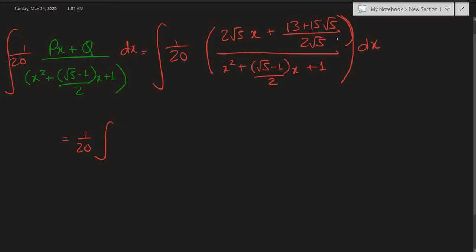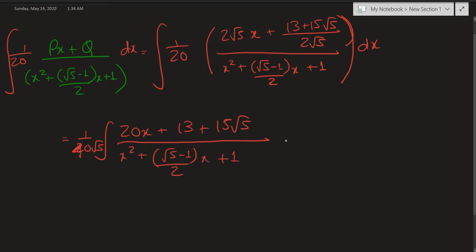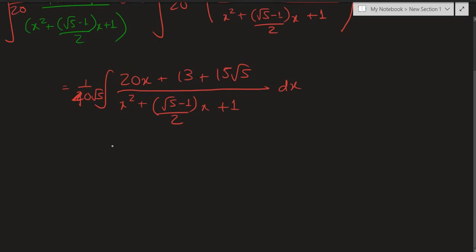We have 2 root 5 squared and a 2 root 5, which will make it 40 root 5, 1 over 40 root 5, and we have 2 times root 5 squared, so that will be 4 times 5, which is a 20x plus 13 plus 15 root 5 divided by x squared plus square root of 5 minus 1 by 2x plus 1 dx.